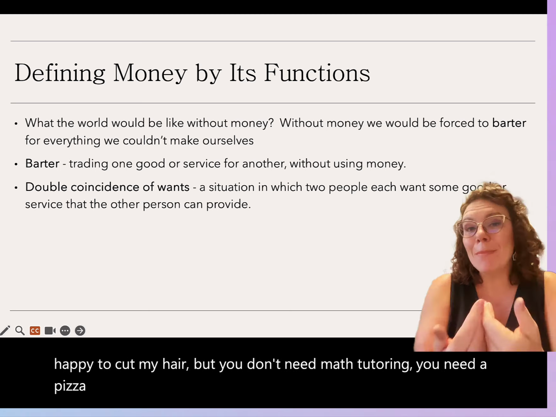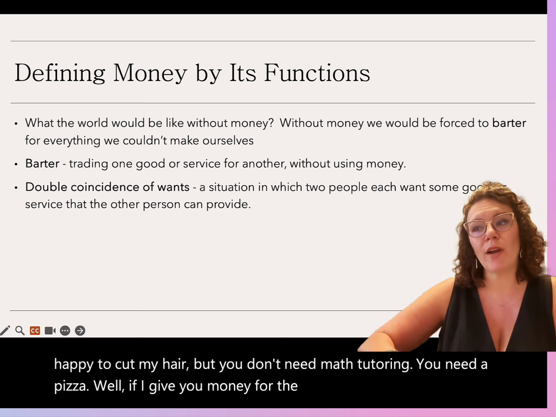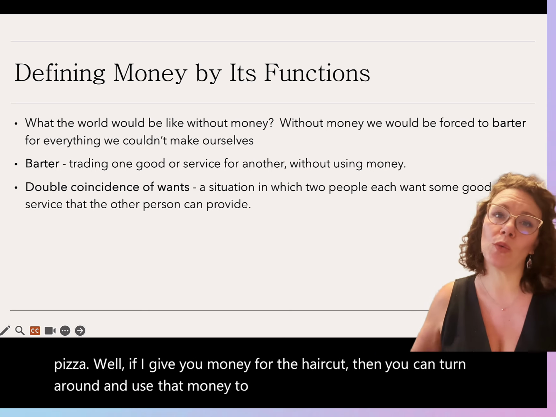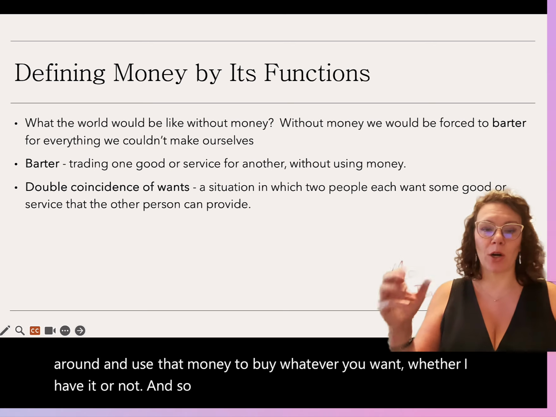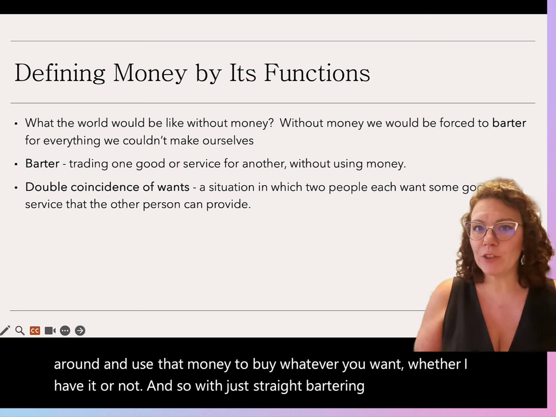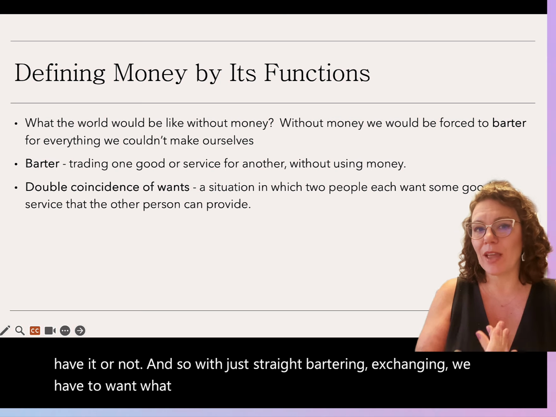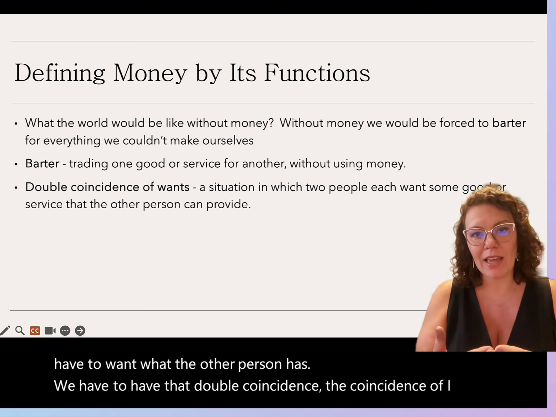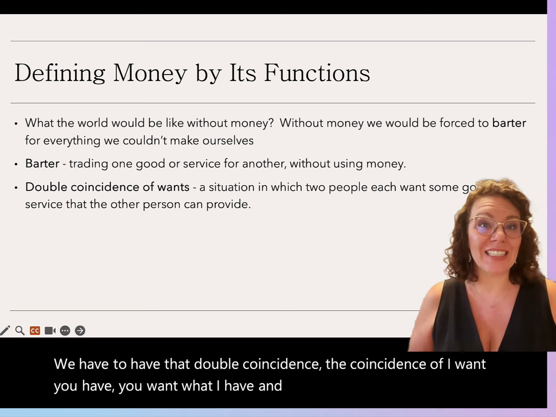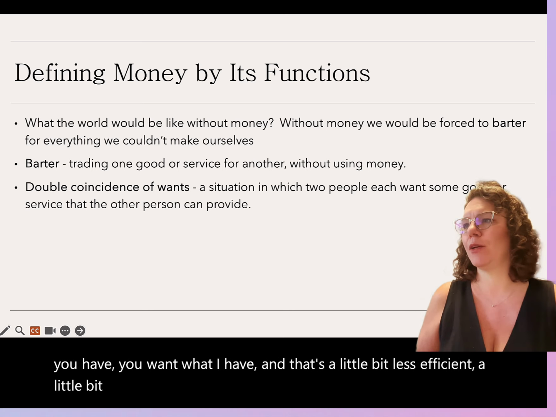Well, if I give you money for the haircut, then you can turn around and use that money to buy whatever you want, whether I have it or not. And so with just straight bartering, we have to want what the other person has. We have to have that double coincidence, and that's a little bit less efficient, a little bit more complicated.